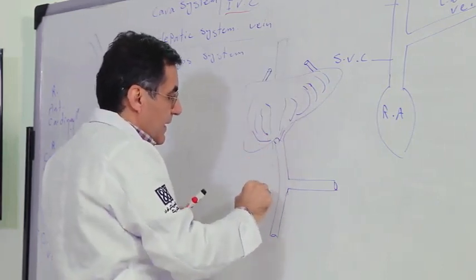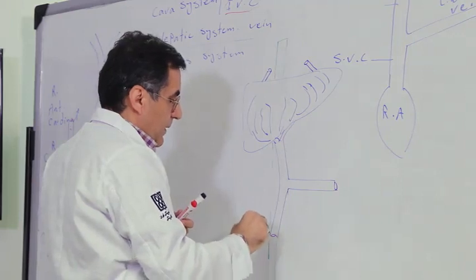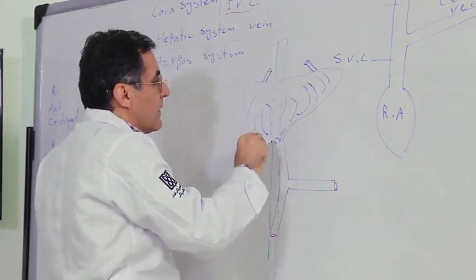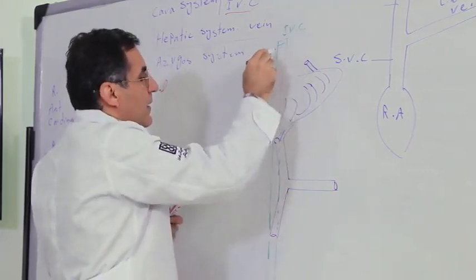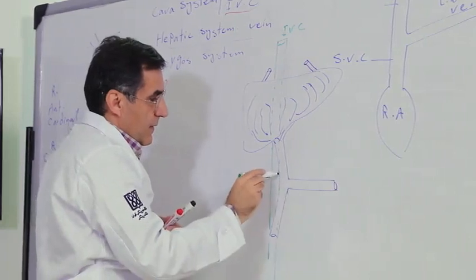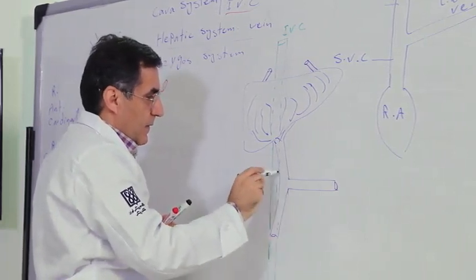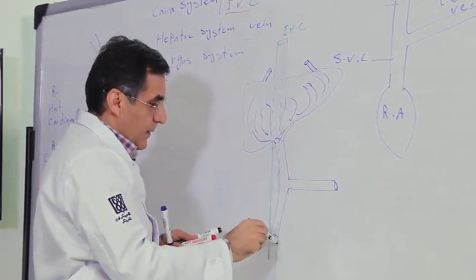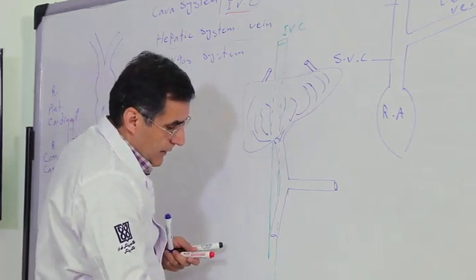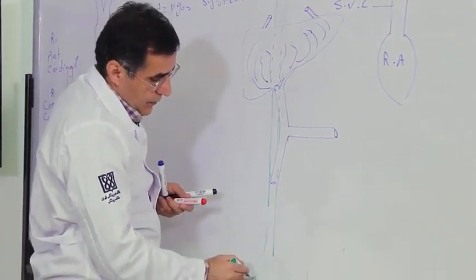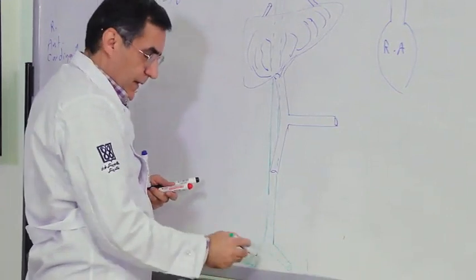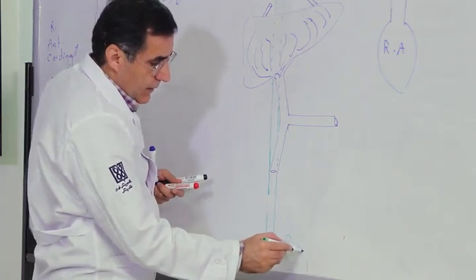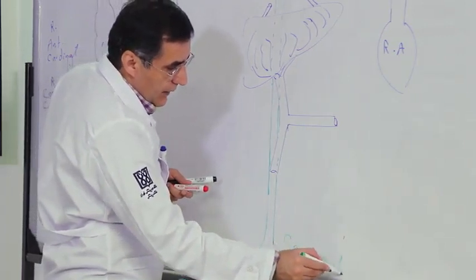This is the IVC that moves behind the hepatic region and behind the liver. This is the IVC, the green color. It is formed in the posterior abdominal wall by the right and left common iliac veins.